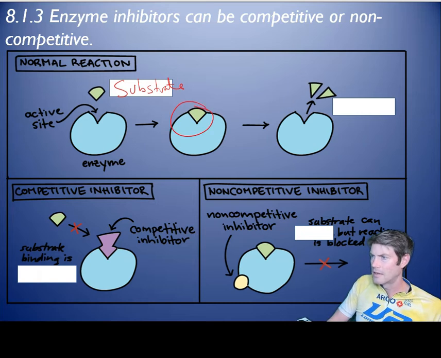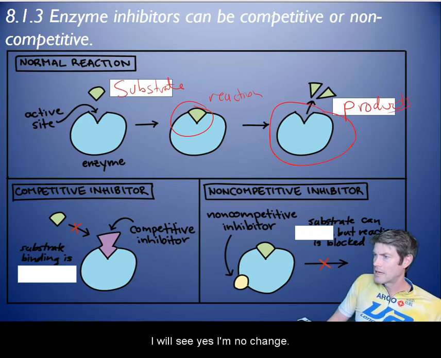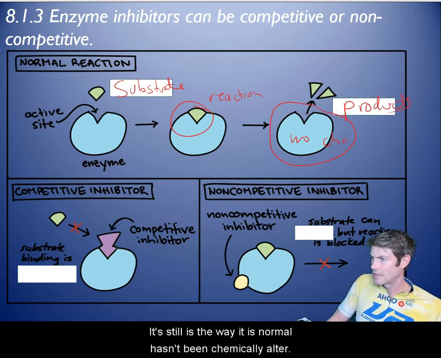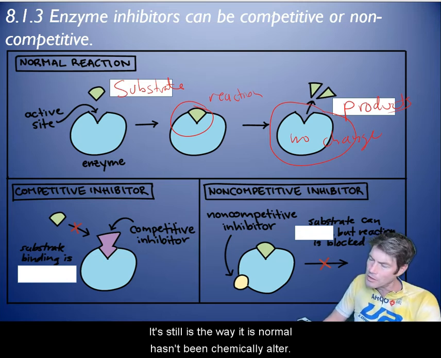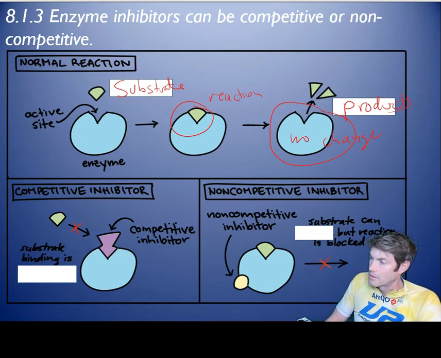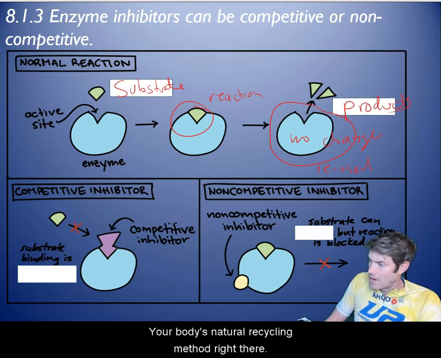Entering the active site, this is the reaction happening. And at the end we have our products. And we'll see the enzyme, no change. It still is the way it is, still normal, hasn't been chemically altered, and it can be reused. Your body's natural recycling method right there.